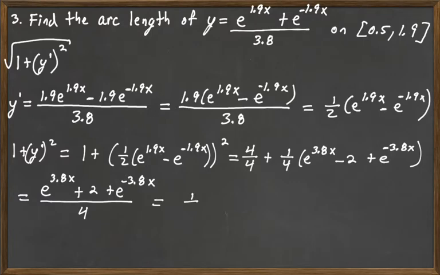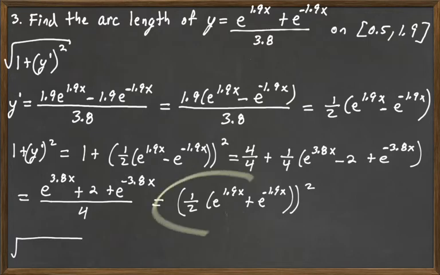The 4 in the denominator can be written as 1 half squared. That's where we're going. e to the 3.8x plus 2 plus e to the negative 3.8x is a perfect square trinomial that factors into (e to the 1.9x plus e to the negative 1.9x) quantity squared. And of course, you can expand that out and you'll see that it is the same.